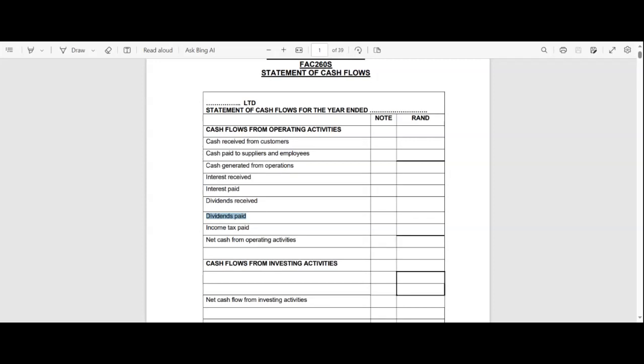A share buyback also can, in this case, no, because a share buyback will reduce your issued share capital, and then you obviously account for it or you disclose it as treasury shares once you've bought it back. But this relates now to the way in which you distribute your retained earnings to your shareholders.